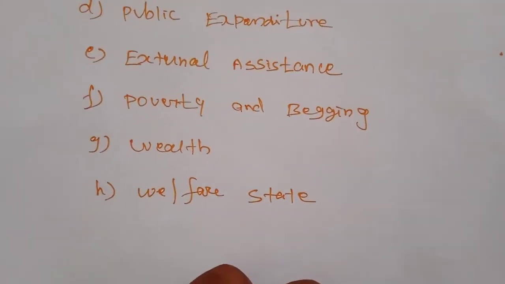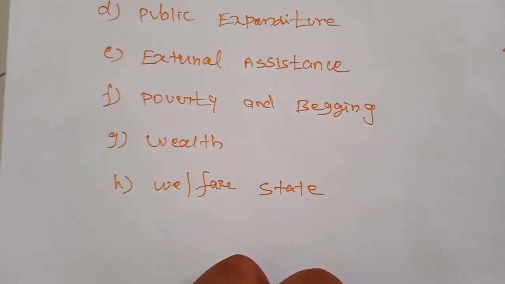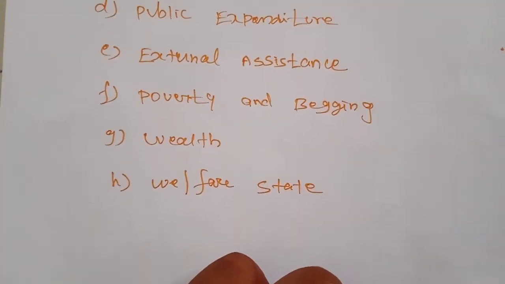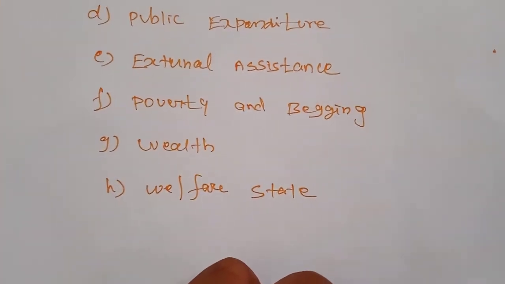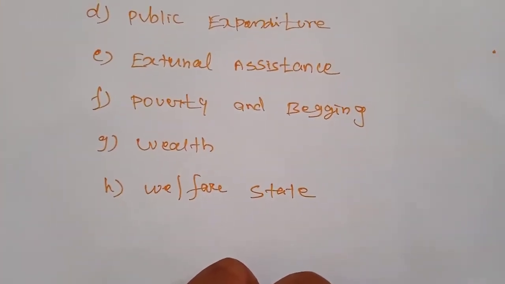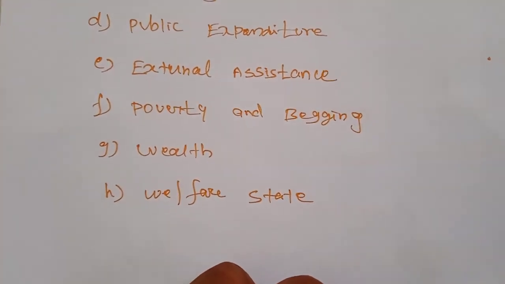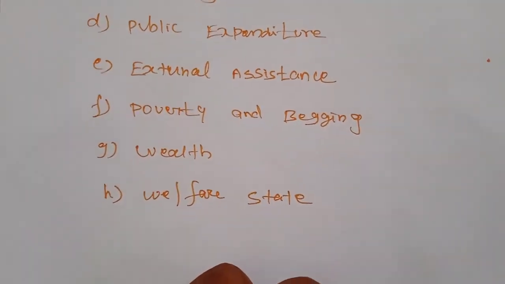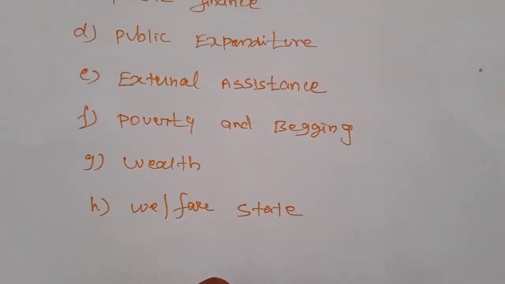Next, welfare state. Thiruvalluvar is for a welfare state. He also referred to the welfare state. In a welfare state, there will be no poverty, illiteracy or disease. A welfare state must provide many facilities to its people.